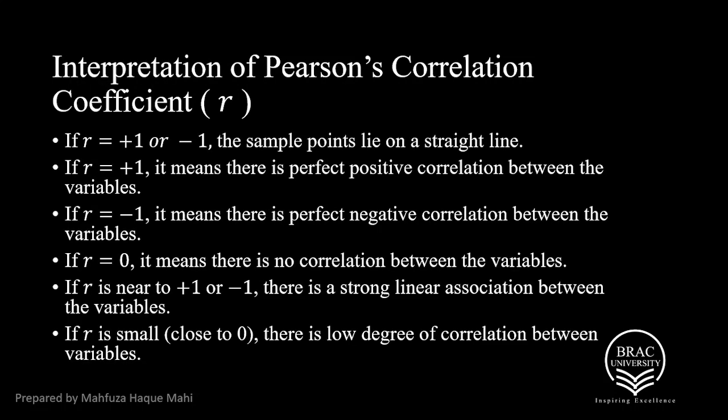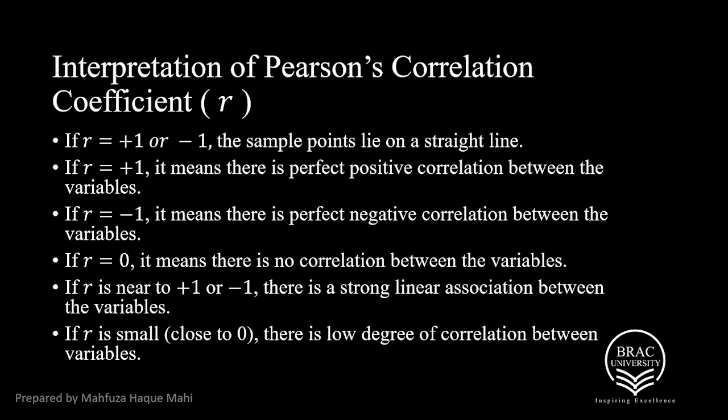Now look at the interpretation of Pearson's correlation coefficient. If r equals +1 or -1, it means the sample points lie on a straight line. If r equals +1, it means there is perfect positive correlation between the variables. If r equals -1, it means there is perfect negative correlation.